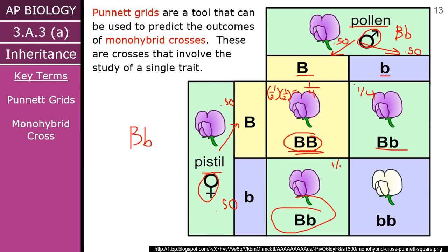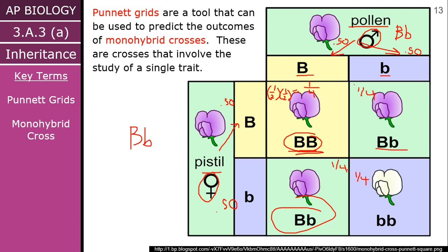That's a quarter chance. And the only way you can have a white child with the flowers, okay, is if mom passes a little b and dad passes a little b. Okay, that's the only way we're going to get a white flower child. So that means that both of those things have to happen. They're both 50% chance.